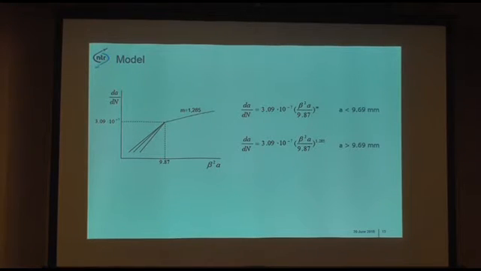So this is now the model that we use to describe the samples. So we only have one parameter left, and this is the exponent here. For the crack growth rate beyond 10 millimeters, everything is fixed, and below 10 millimeters we can only vary the exponent, and that is what you see here.